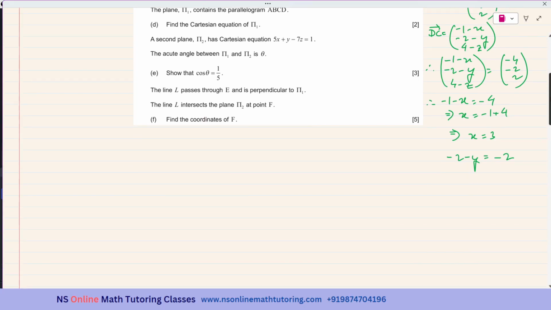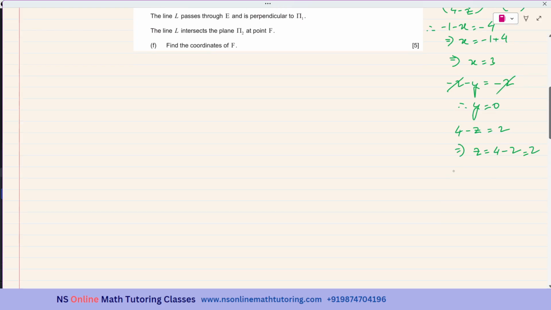I can add 2 to both the sides and these will cancel, so y is equal to 0. Third equation, 4 minus z is equal to 2, implies z equals 4 minus 2, which is 2. So D has the coordinates 3, 0, 2.